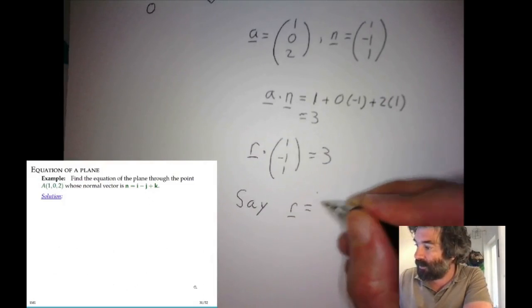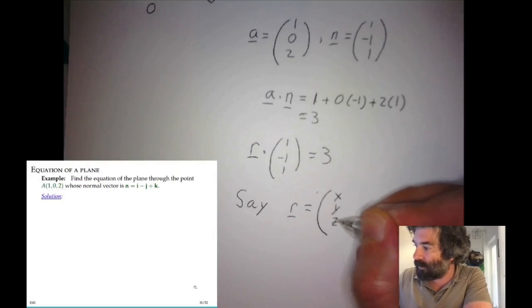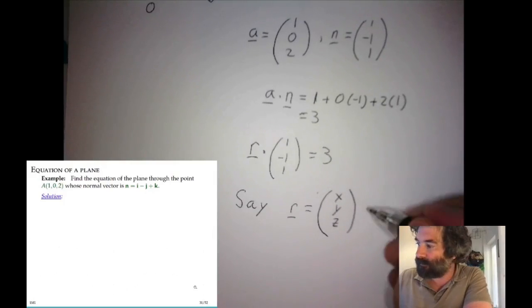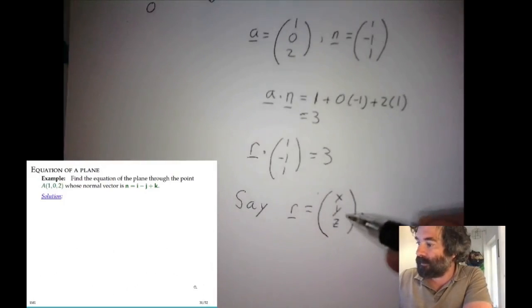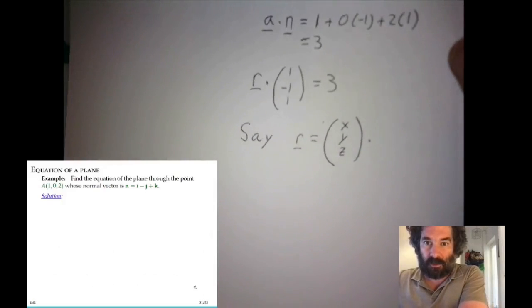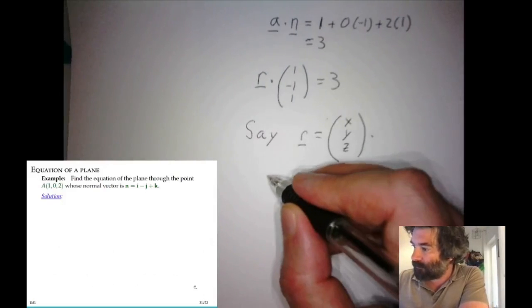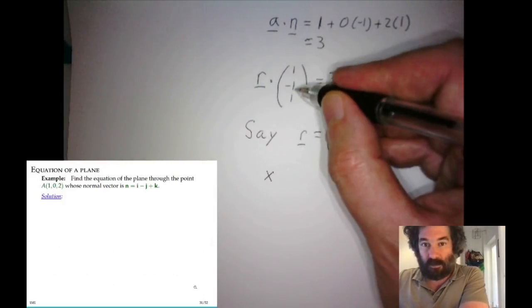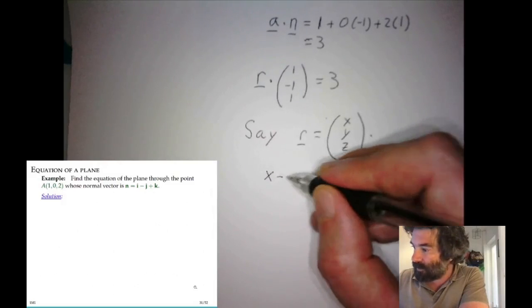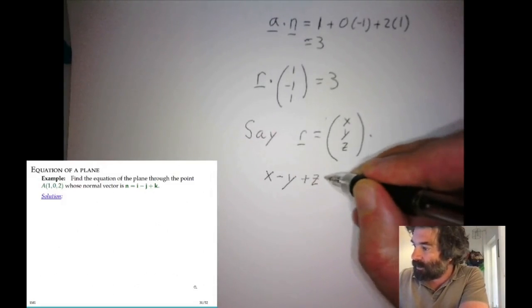So say r is x, y, z. And so x, y, and z are the coordinates of a point in the plane. Then if we work out this dot product, we have x times 1 plus y times negative 1, so that's minus y, plus z times 1, so plus z equals 3.